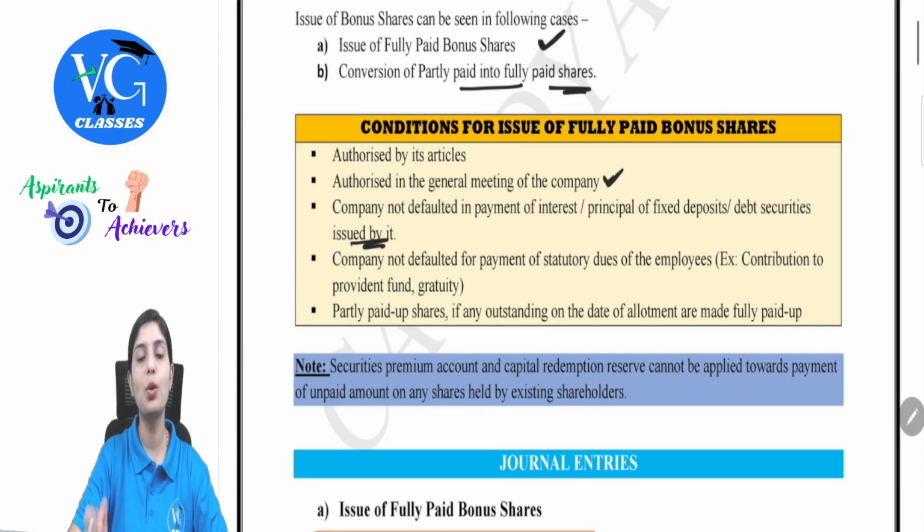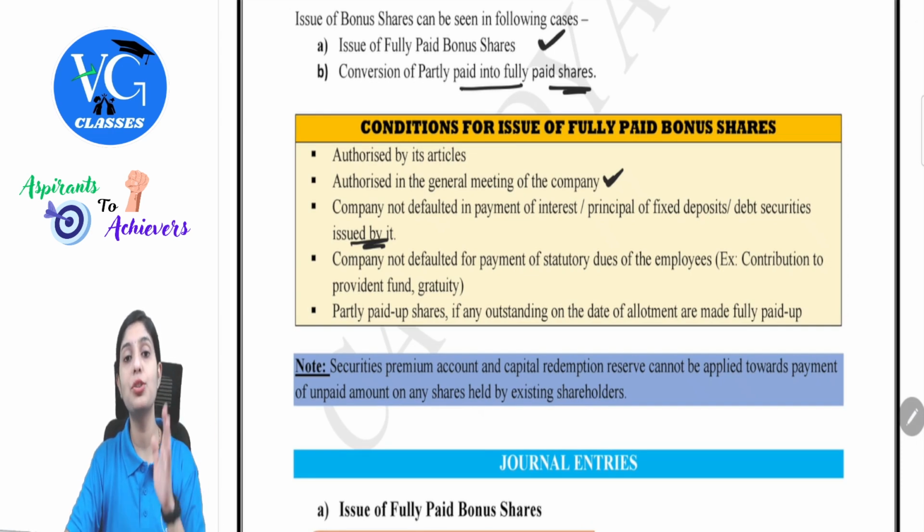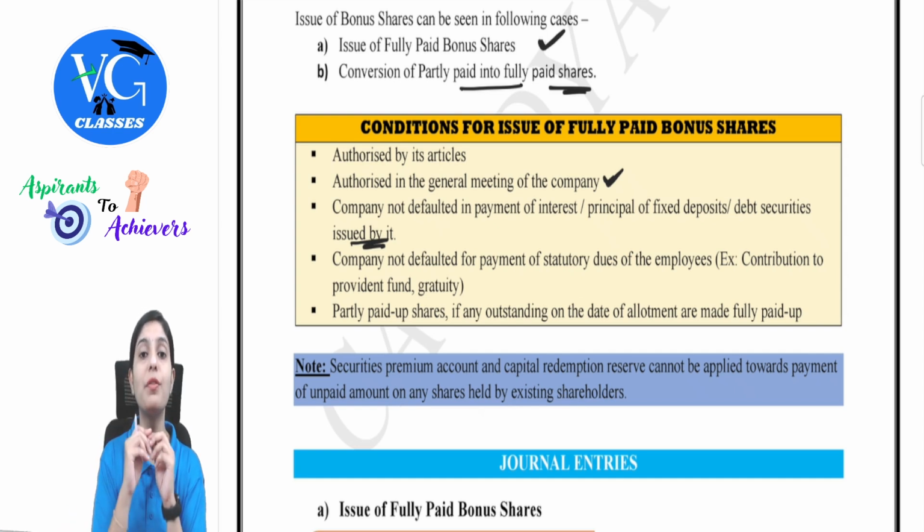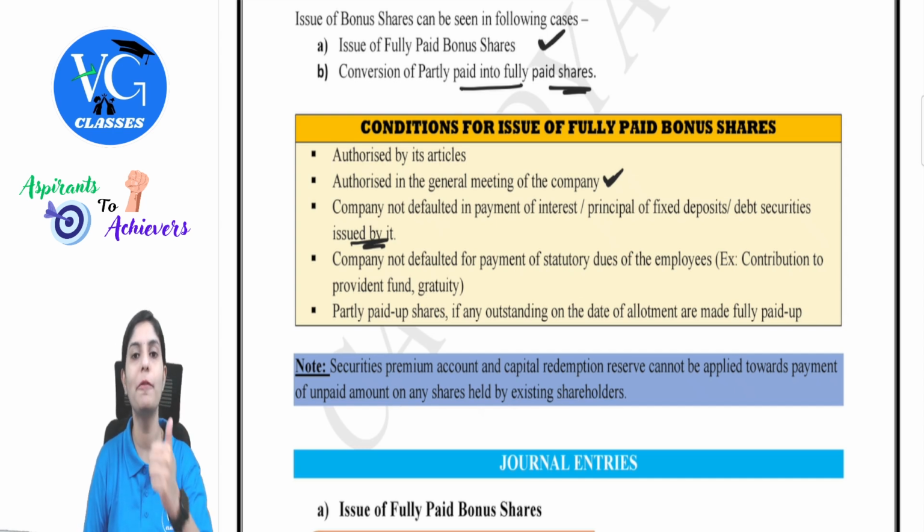When the company is going for a bonus issue, it should make sure that it has not defaulted with respect to any interest payment or any installment repayment on debts, that is debentures or securities. And one more point is with respect to fixed deposits. If the company has not defaulted on anything, then it will be eligible to issue fully paid bonus shares.